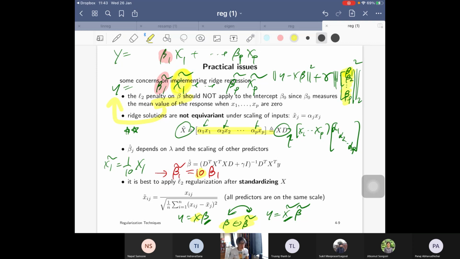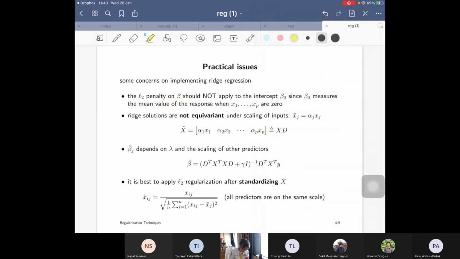That property no longer holds for ridge regression. That's going to be a good exercise, because we can show that the ridge solution would depend on both D, the scaling coefficients, and the penalty parameter.